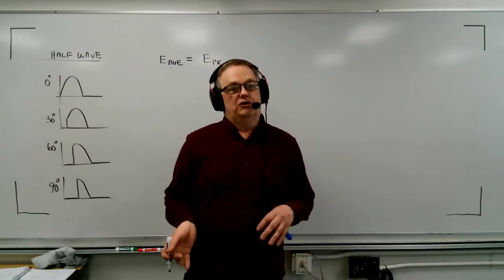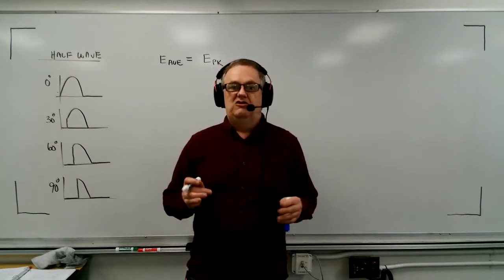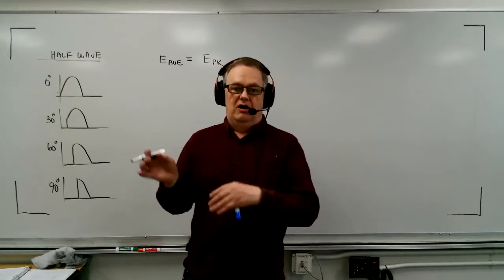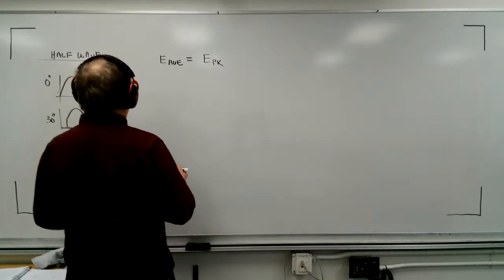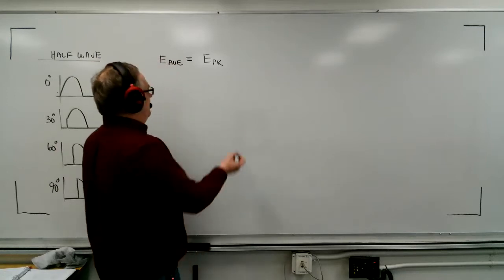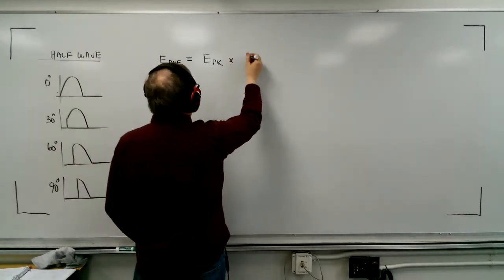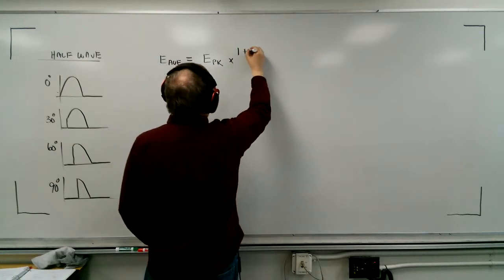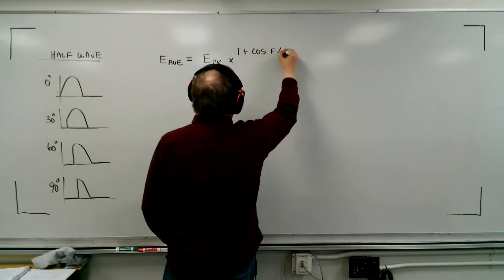In this case, you go through a bridge, but that doesn't diminish the overall height of the waveform. It just puts all the waveforms on the positive side of the line. So in the example I was using, this would still be 170 volts times 1 plus the cosine of the firing angle.